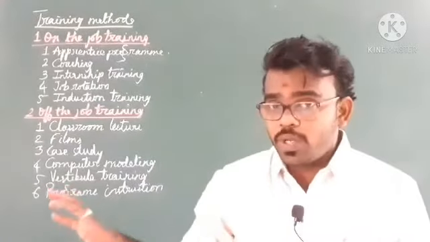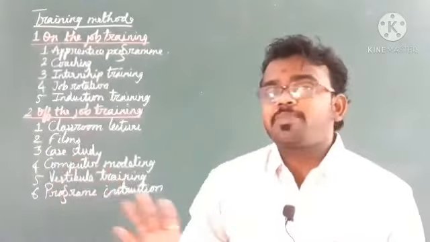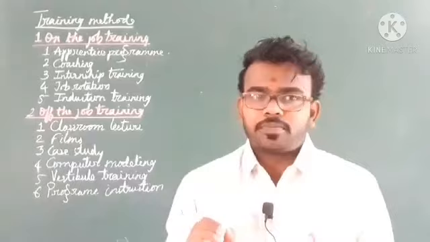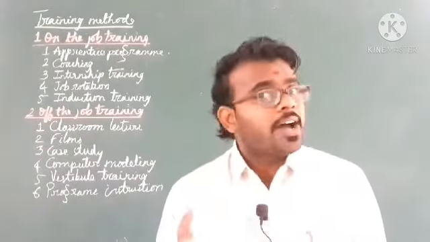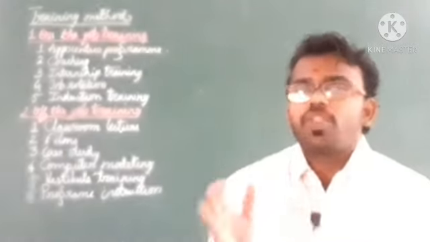In today's class, in this video, we are going to discuss the last part of the unit, that is training methods. We have two different types: on the job training and off the job training.